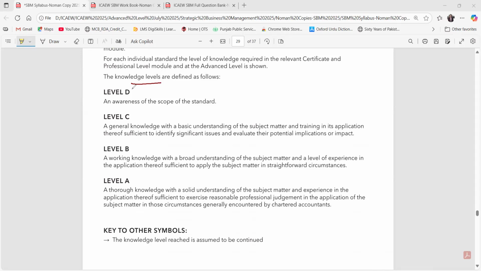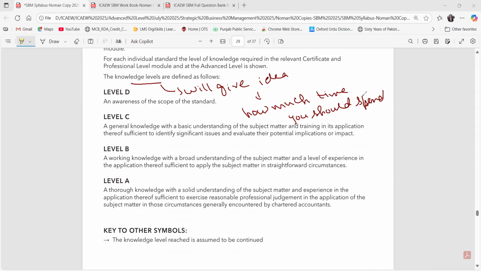I humbly request all of you to please look at these levels before starting your preparation, because these levels will give you an idea about how much time you should spend on a particular topic or topics.